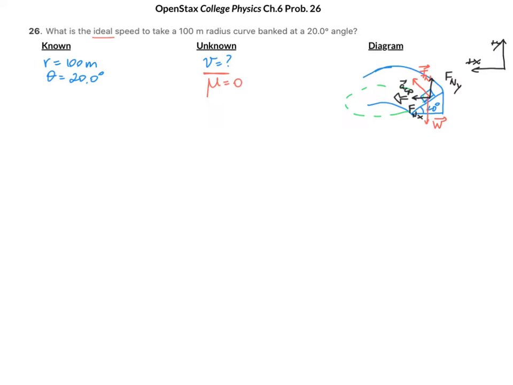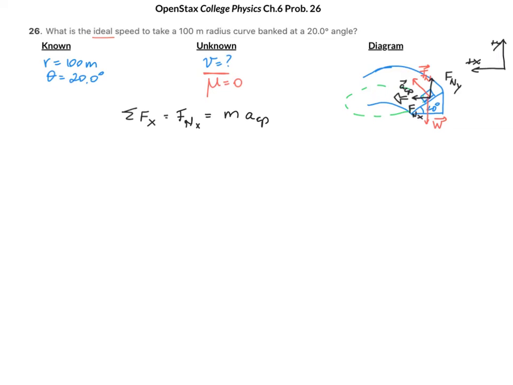Now, when I write my sum of the forces in the x direction, the only force that acts is the x component of the normal force. This is the force that ideally keeps the car on the circular path. So the sum of the forces in the x direction is just the normal force, and that is, by Newton's second law, mass times acceleration, and the type of acceleration we have is centripetal, so it points towards the center of the circle.